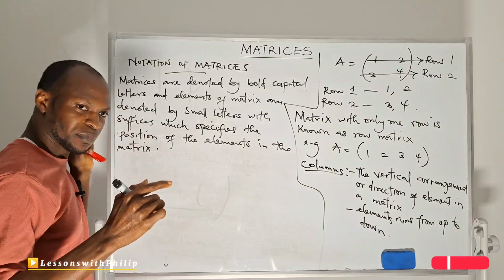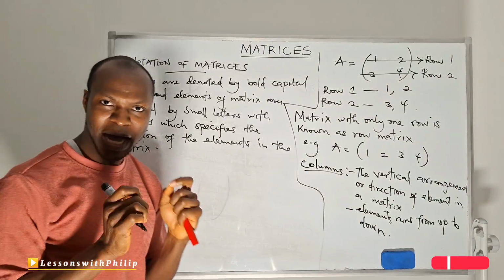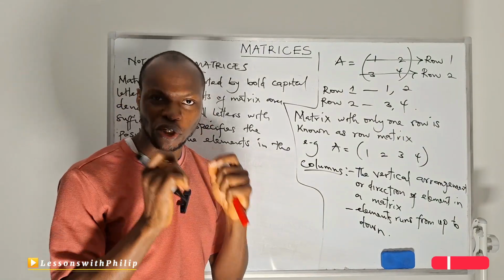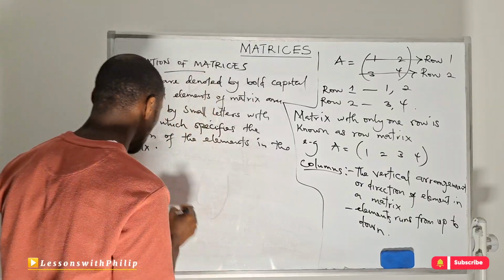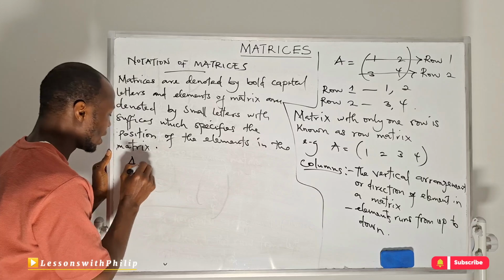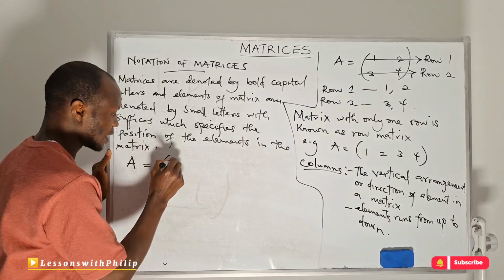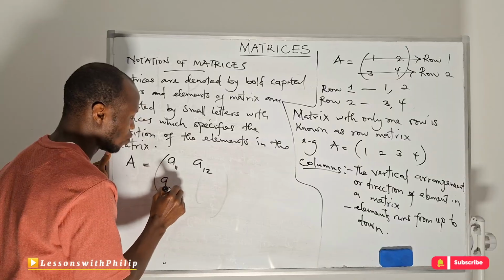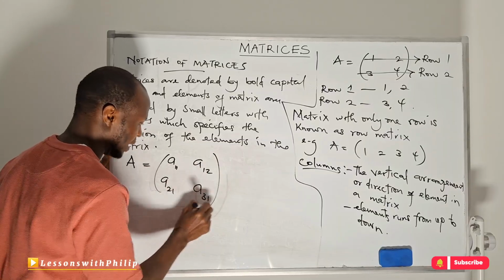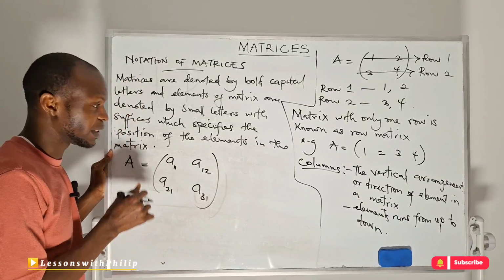Now, what we are trying to say is matrices are always denoted by capital letters, and mostly bold capital letters. For example, you see me writing matrix A equals to, let's say, A11, A12, A21, A31. This is the way we represent matrices.